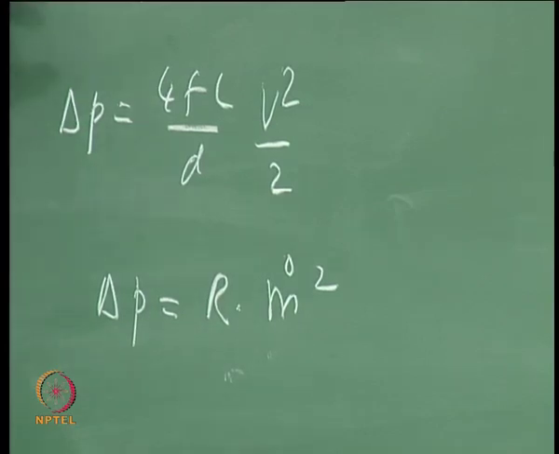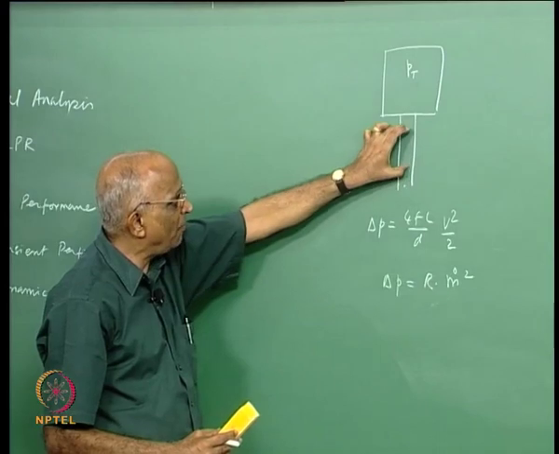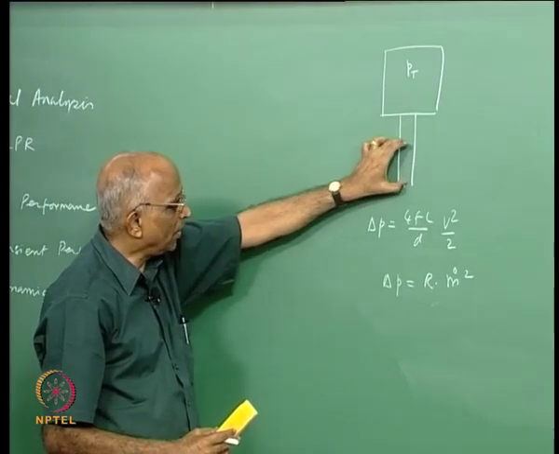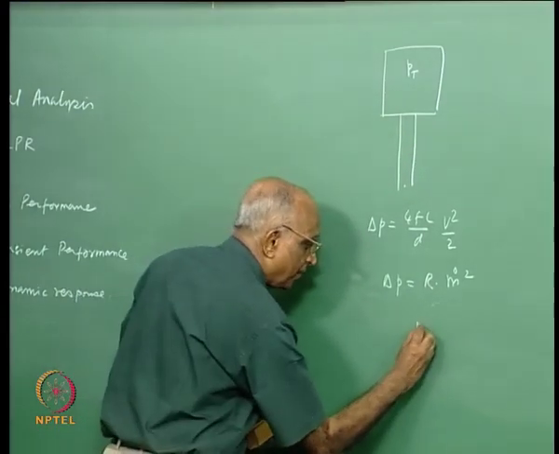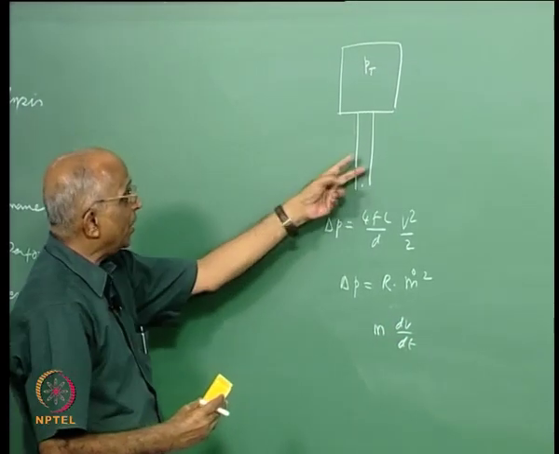But under dynamical conditions, I have the mass of propellant which accelerates. That means I have mass into acceleration, or rather I have mass into dV by dt. And what is the mass? Rho AV.